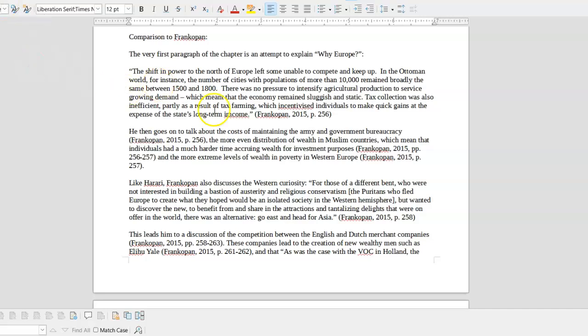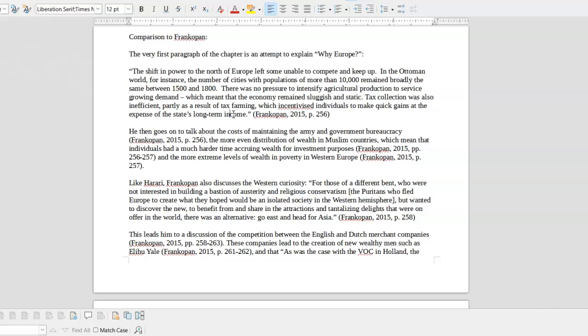So part of what Frankopan's saying here is that in the Ottoman world, particularly the Ottomans being one of the ones most reliant upon Western trade, they didn't have the urgency to change, which kind of plays into what Harari had been saying.